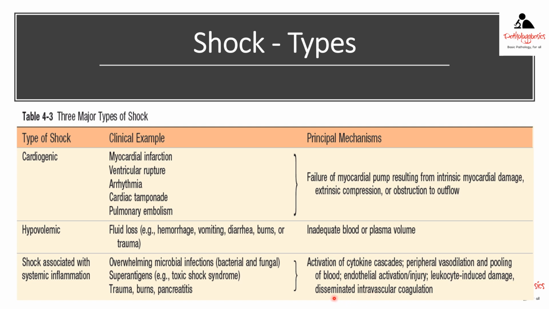It can lead to disseminated intravascular coagulation. All this causes reduced effective circulating blood volume. Right? This can happen due to microbial infections, superantigens as in toxic shock syndrome, in trauma, burns, pancreatitis, etc. These are three major types of shock: cardiogenic, hypovolemic, and shock associated with systemic inflammation.